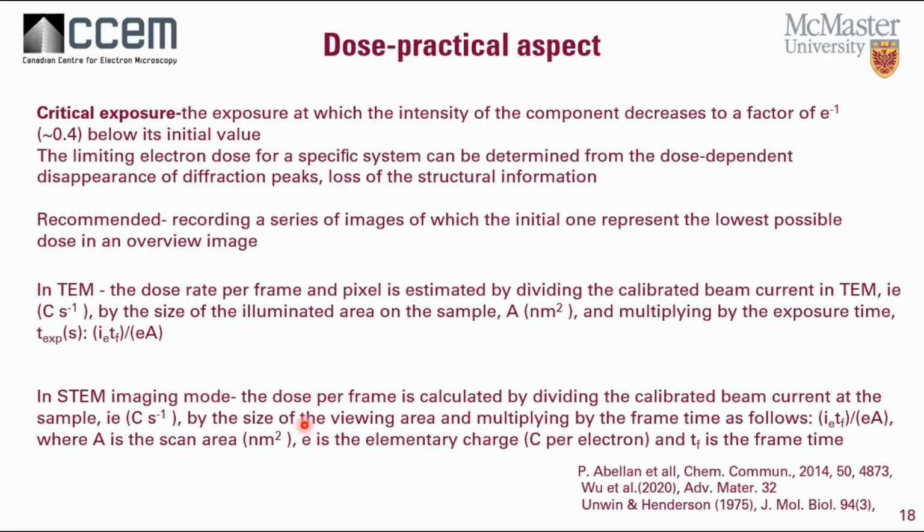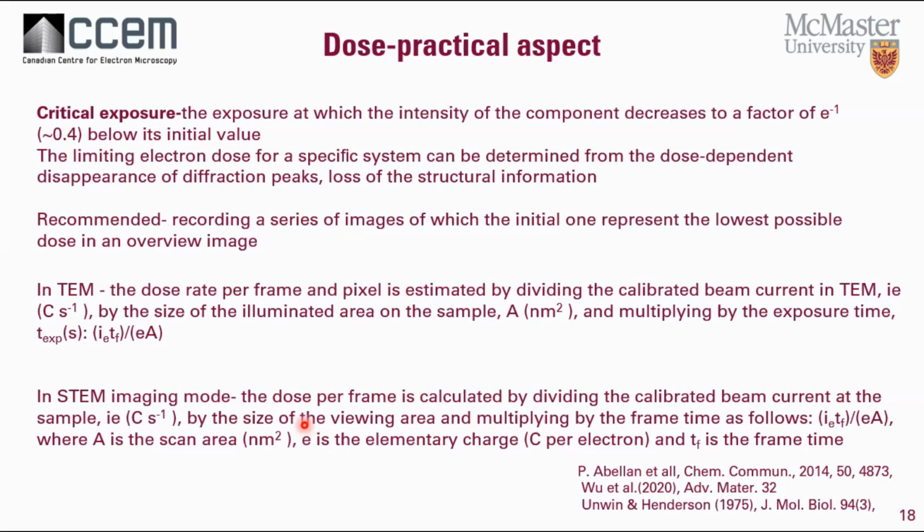So how do we know what the best dose is for our experiment, so that we don't introduce any artifacts? The critical exposure is the exposure at which the intensity of the component decreases to about 0.4 below its initial value.